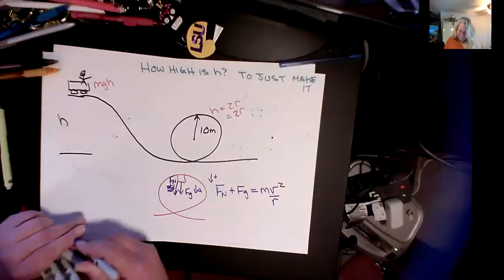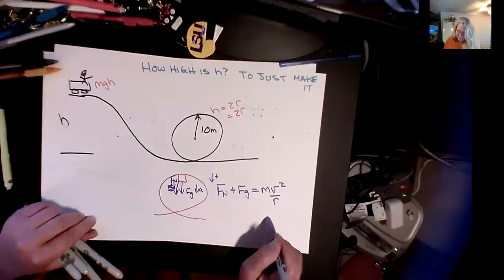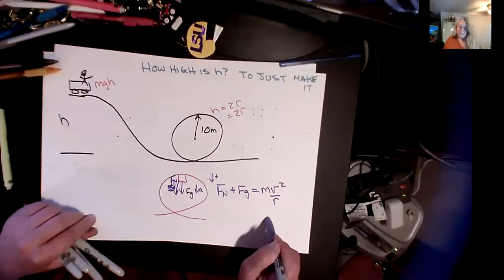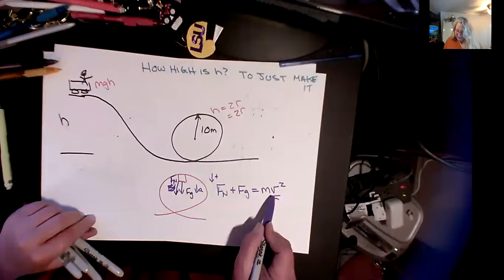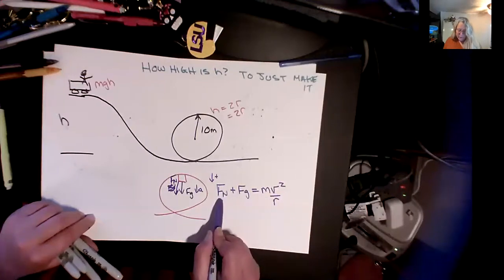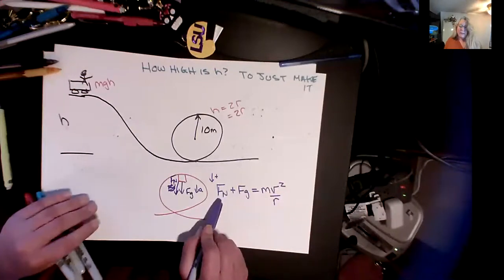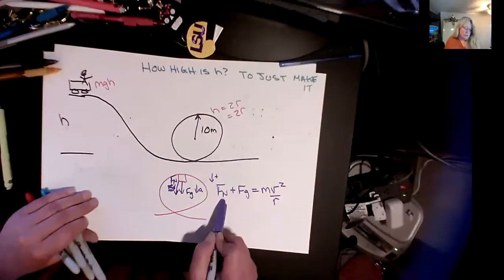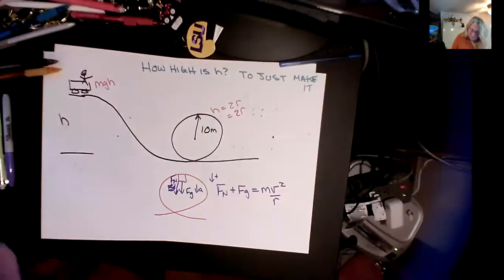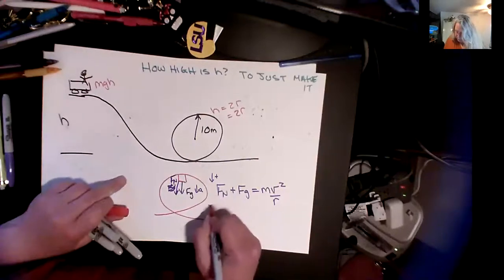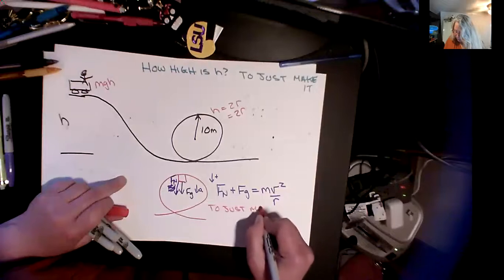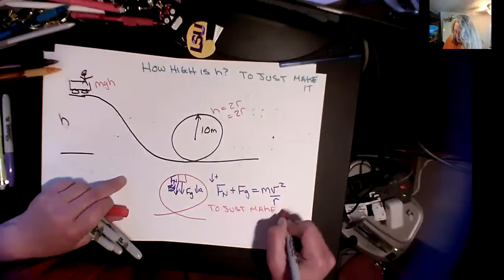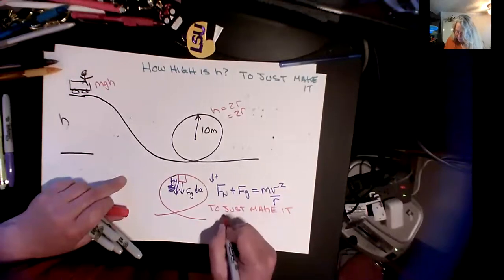Cool. So I have this. I've done forces. Then I'm like, but how the heck, I don't know what v is. And what about this normal for just making it around? What does that mean? So when you see that term, to just make it around, that means my normal is 0.